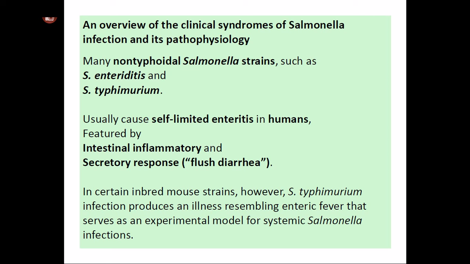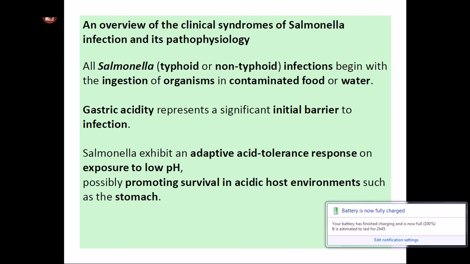In certain strains like typhimurium, infection proceeds to an illness resembling enteric fever that served as an experimental model for systemic Salmonella infections, but in very few cases. That's why Salmonella typhimurium is added there.